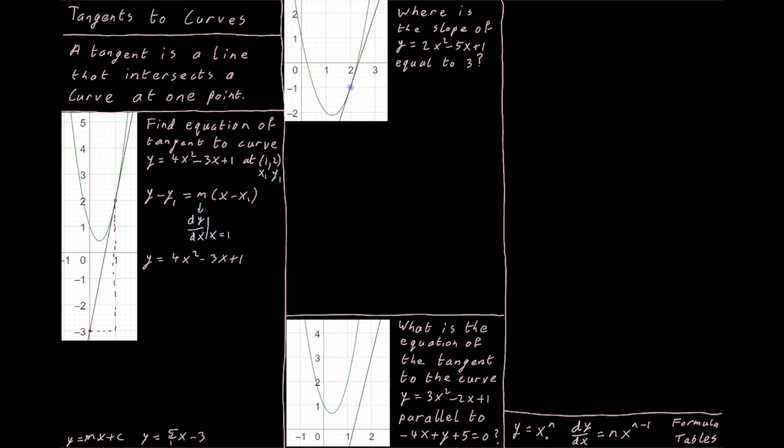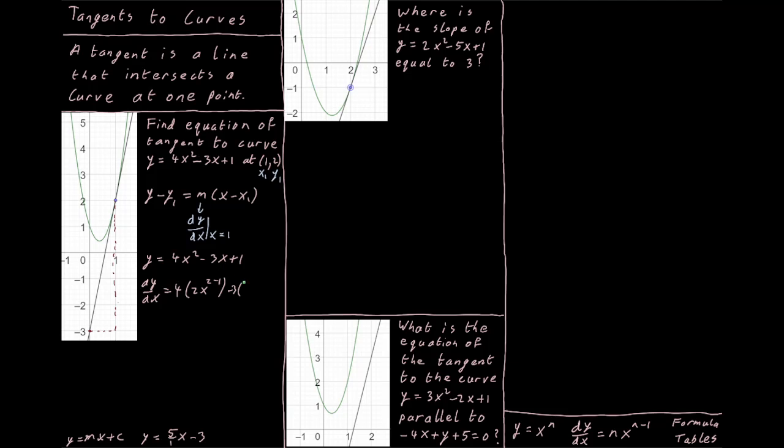If y is equal to x to the n, then dy/dx is multiply by the power, multiply by n, and then subtract 1 away from n, subtract 1 away from the power. So multiply by the power, subtract 1 away from the power for everything involving an x. So dy/dx, open up our bracket, so we have 4 on, multiply by the power, and subtract 1 away from the power.